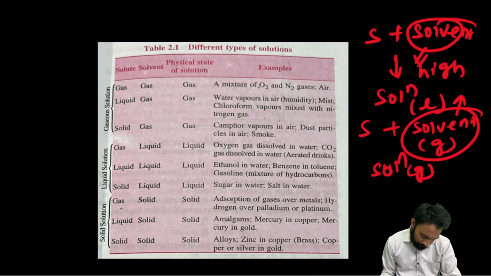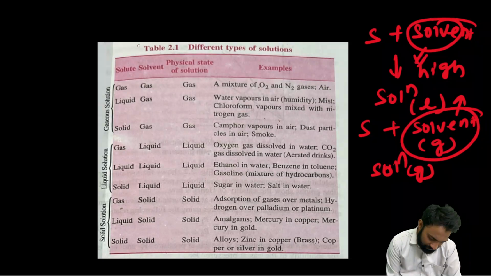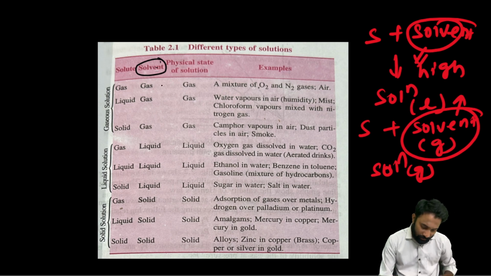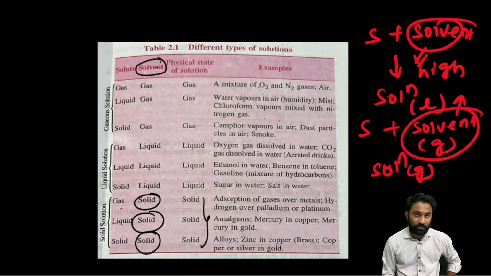There you can see gas and solid. The solvent quantity is high, and that solvent is in the nature of solid, and the solution you get is a solid solution.